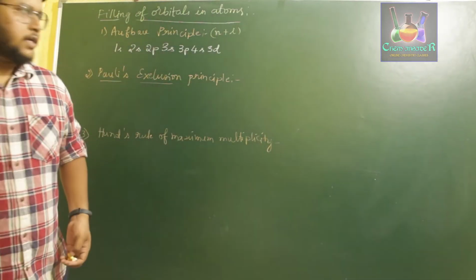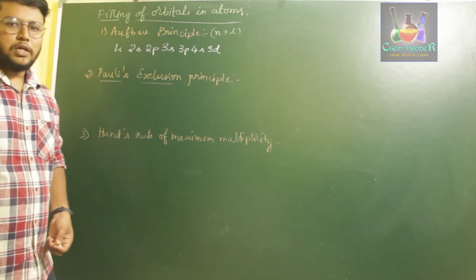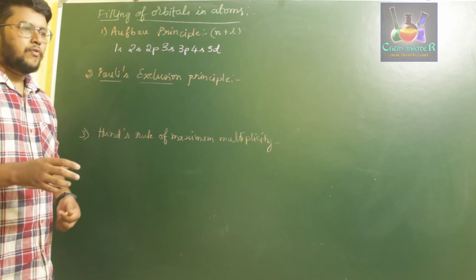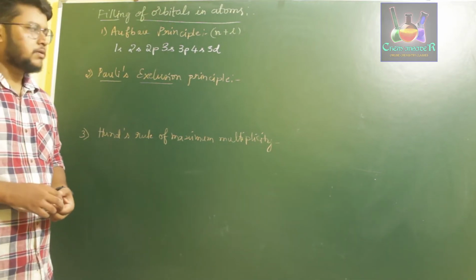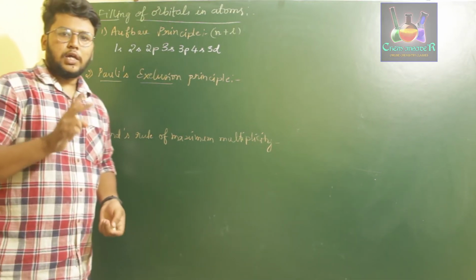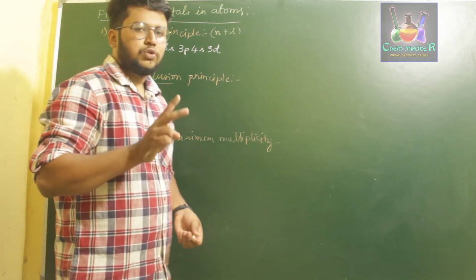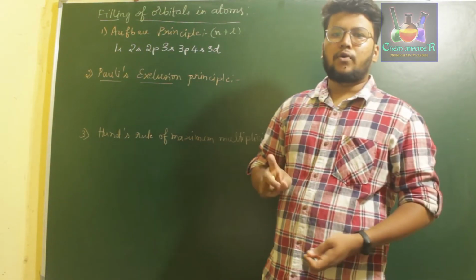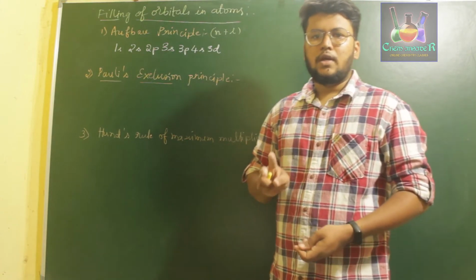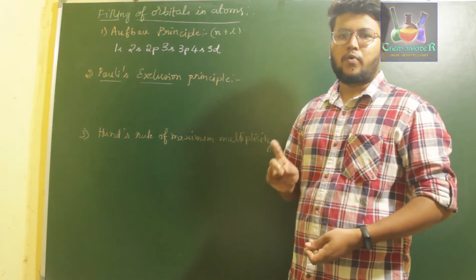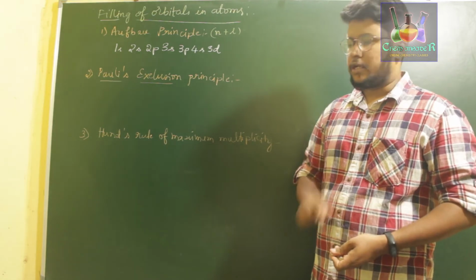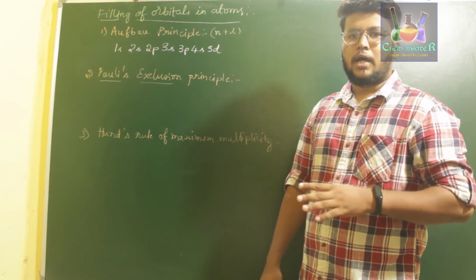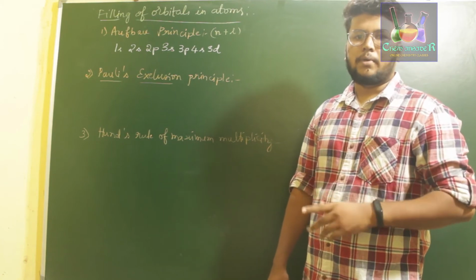That exclusion is, when you consider any two electrons, those two electrons will never have all the four quantum numbers similar. That is, no two electrons of an atom will have all the four quantum numbers similar.